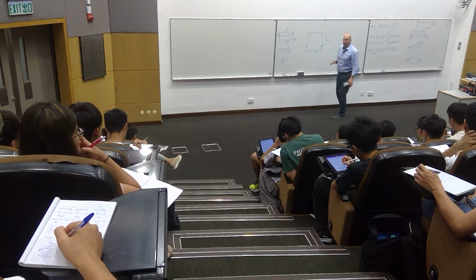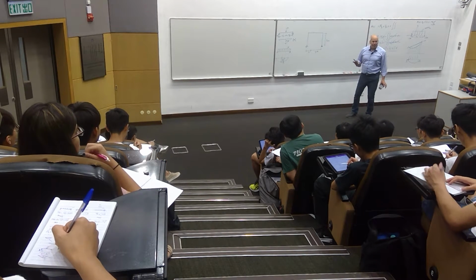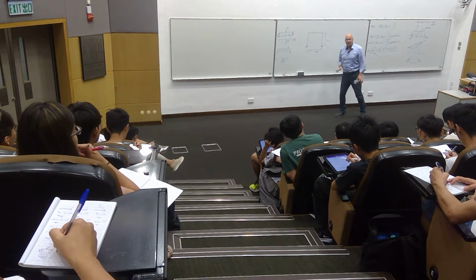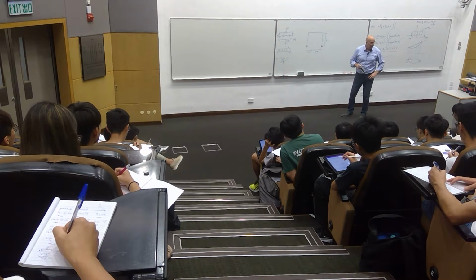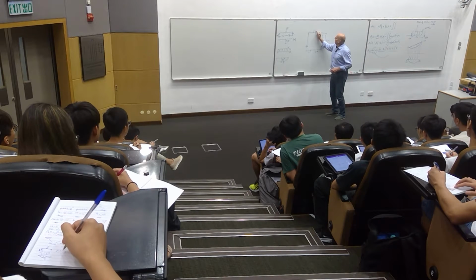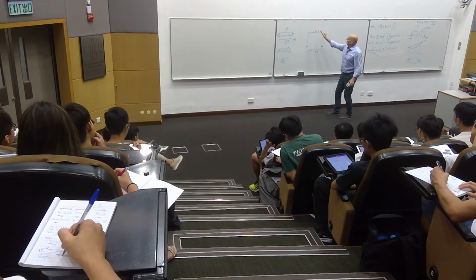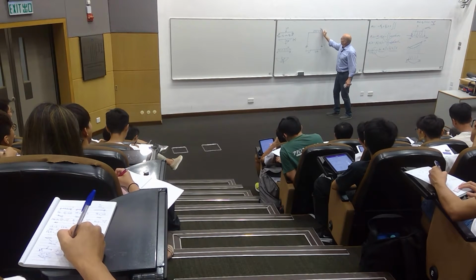Let's see how easy it is to construct the moment diagram for this body. Assuming we have a load which is like this, and this value is 20 kilonewton per meter.